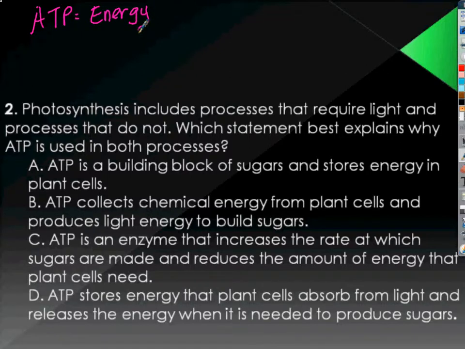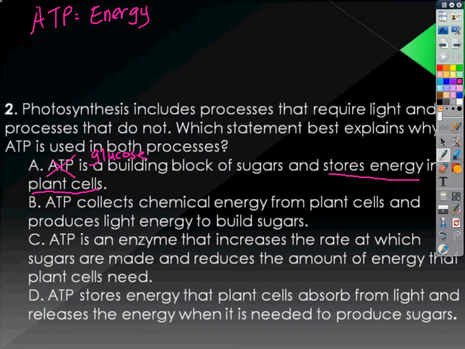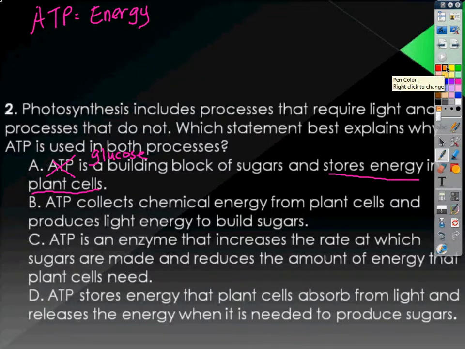If we look through this, ATP is a building block of sugars. That's incorrect. The building block of sugar is glucose. So even though it stores energy in plant cells, yeah, this may be true, but ATP is not the building block of sugars. So that makes it incorrect.